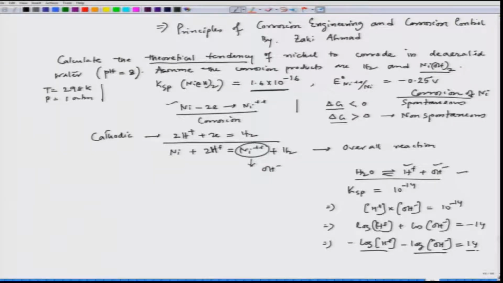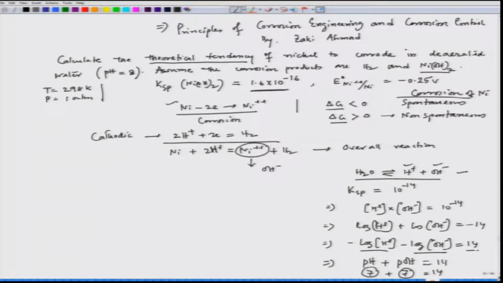So, this is nothing but pH plus pOH equal to 14. If we have 7 and 7, then it becomes 14, and for a neutral solution the pH is 7. So, pOH is also 7.